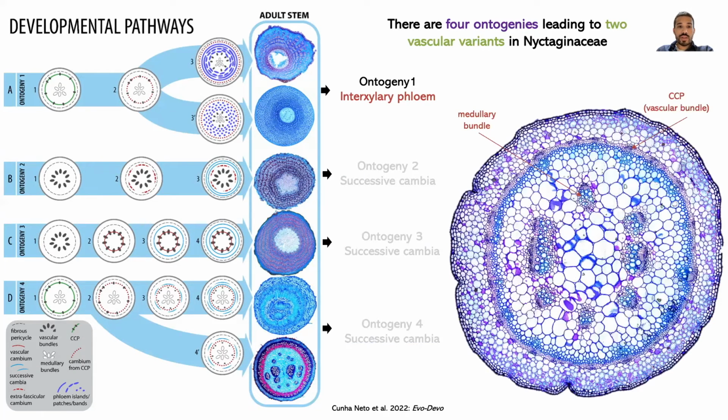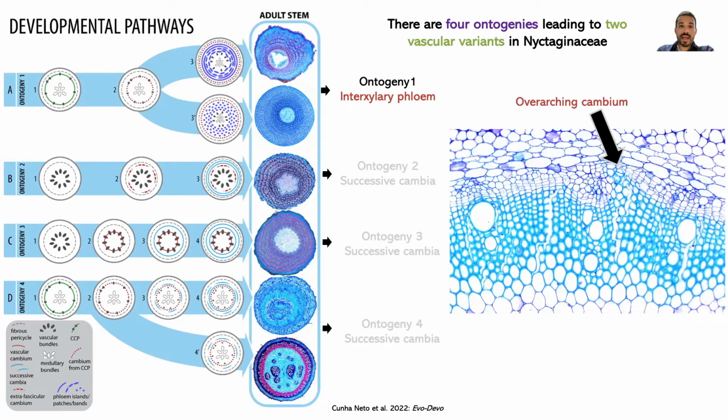So the first ontogeny is that one forming interxylary phloem, which is a vascular variant derived from a single cambium. So interxylary phloem in Nyctaginaceae starts with a polycyclic eustele. And next, we have a continuous procambium that produces additional vascular bundles, and that gives rise to a new cambium that forms the secondary growth.